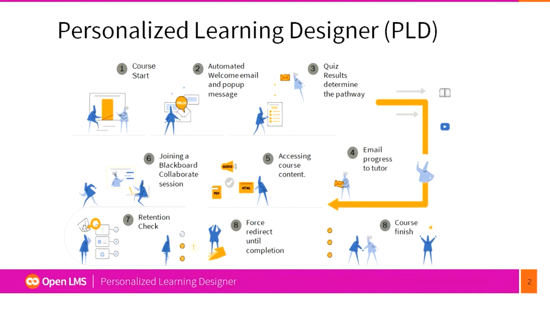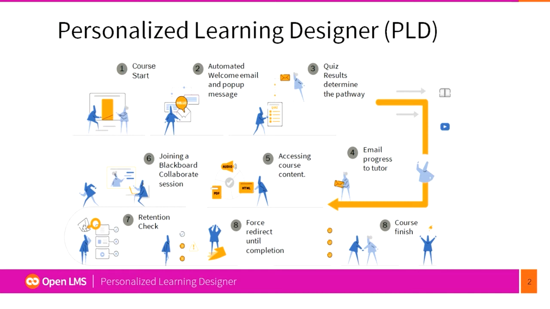So you can say if a student receives a passing grade on a certain quiz that you set in a PLD rule, they're able to progress to the next stage of the course. You can email progress to the tutor.